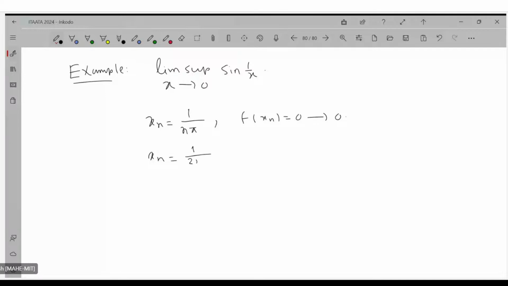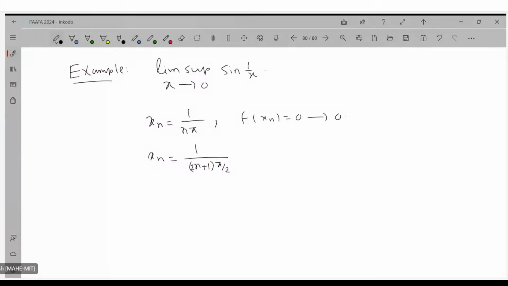If xn is equal to 2n plus 1, so if we have all odd values, then it will be 1 or minus 1.